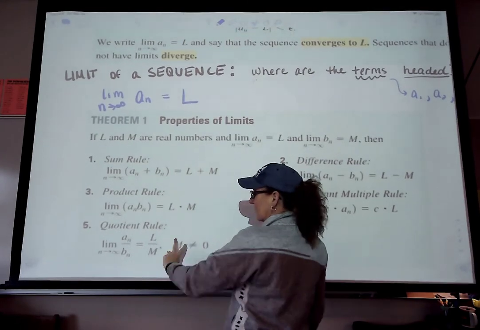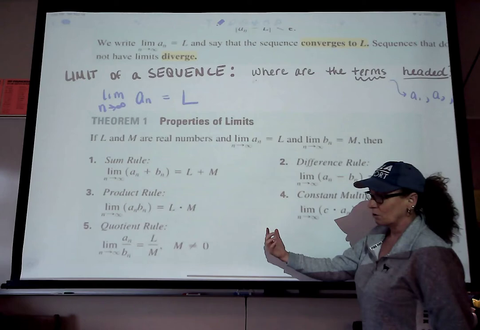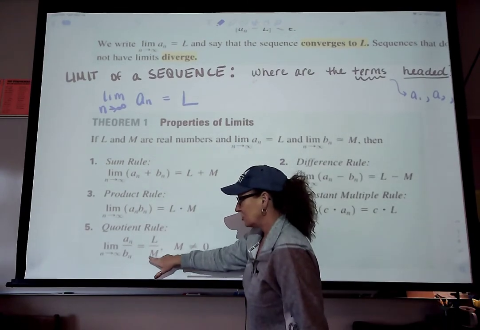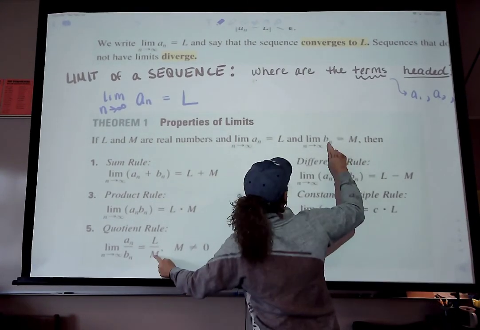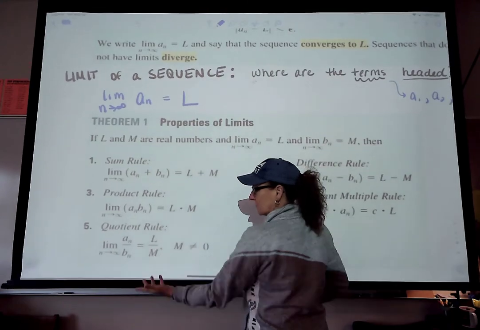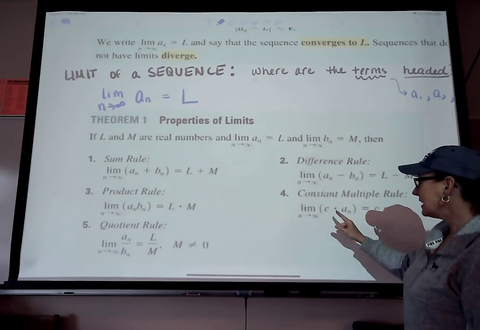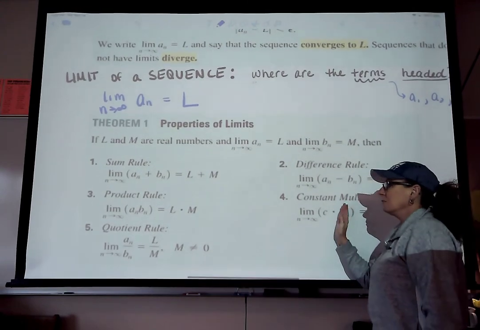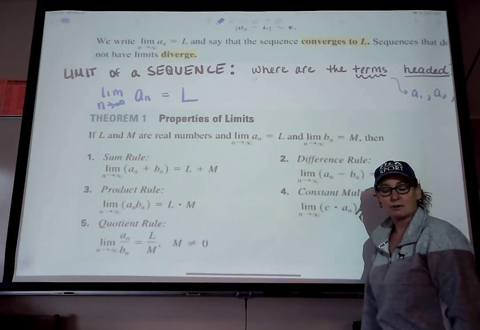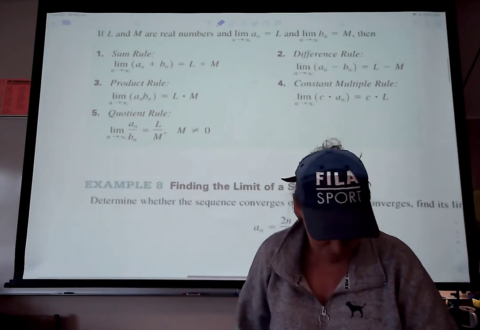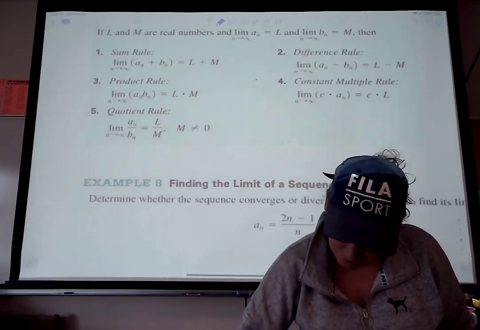Multiply them, divide them, as long as the answer to that limit, this one, doesn't equal 0, of course. You can subtract them, and if you've got a constant in the way, feel free to pull your constant out to the front.